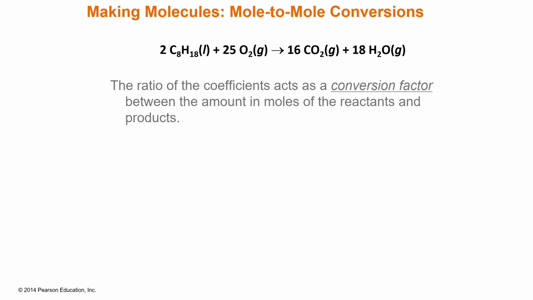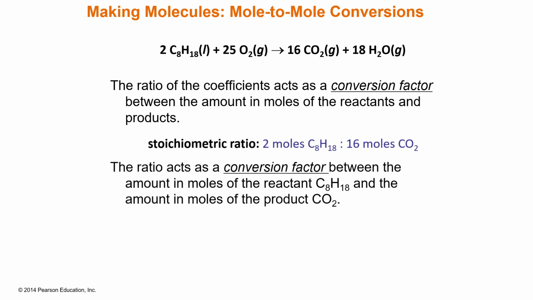Remember, the ratio of the coefficients is going to act as a conversion factor between the amounts in moles of various reactants and products. In this case, for example, we can establish a stoichiometric ratio that says that for every 2 moles of C8H18, you produce 16 moles of CO2.